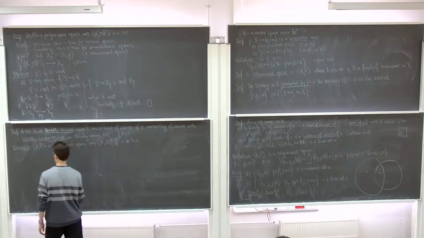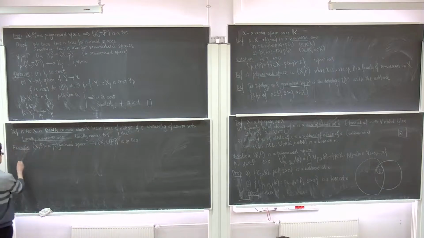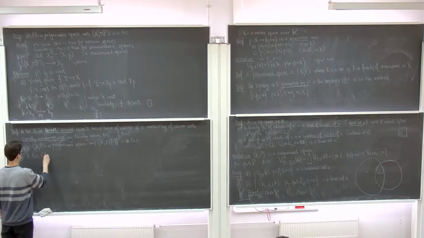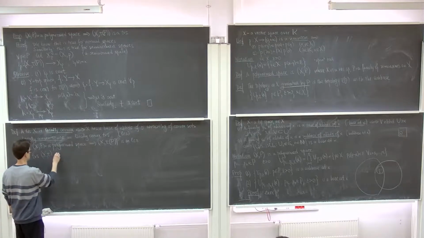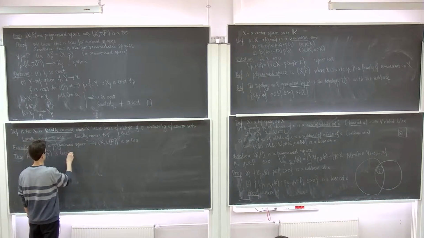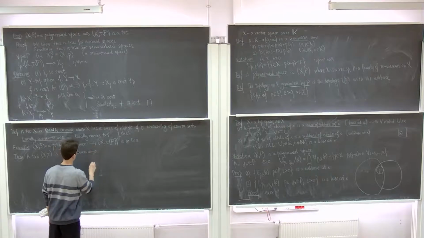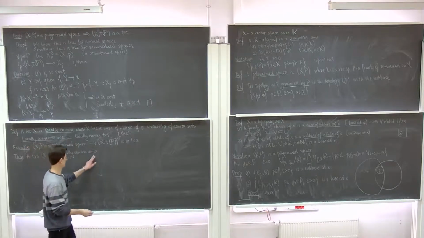But in fact, the converse is also true. So we have the following theorem. A topological vector space X with the topology tau is locally convex if and only if tau is generated by a family of seminorms.